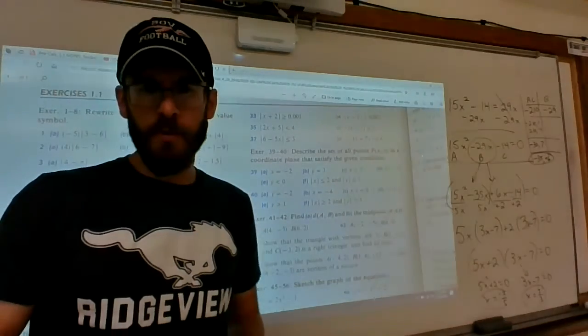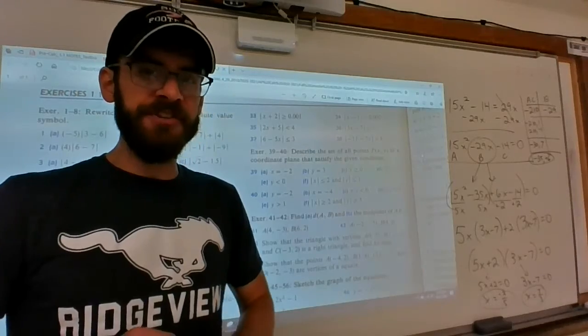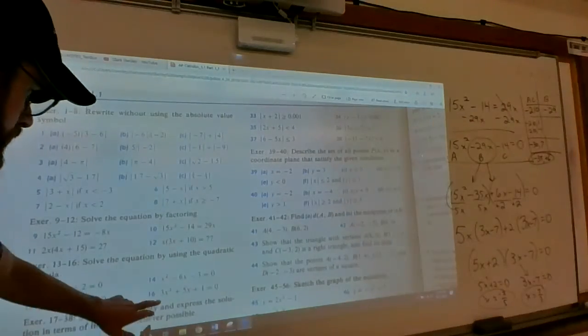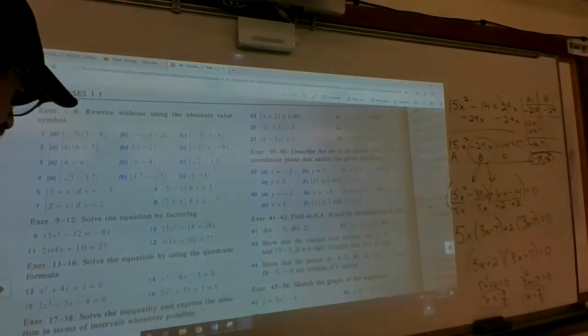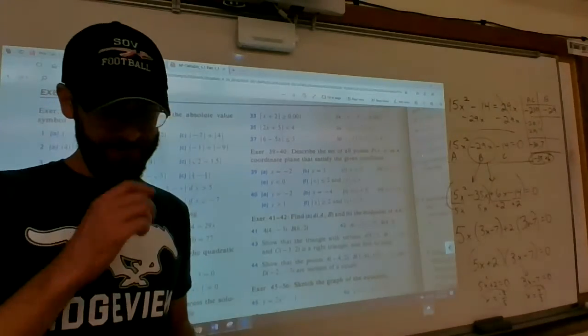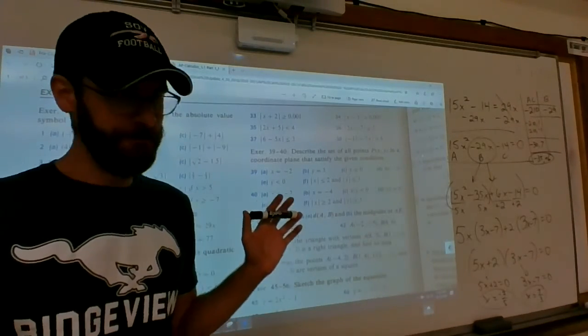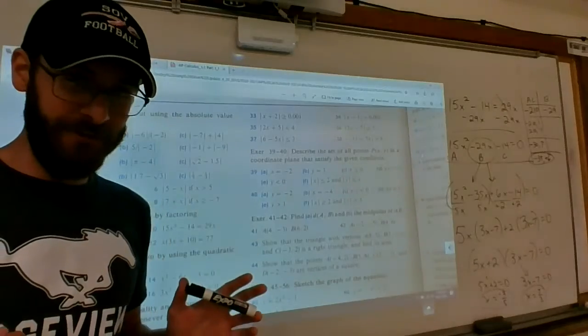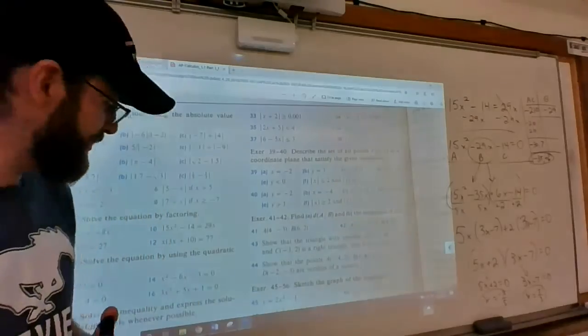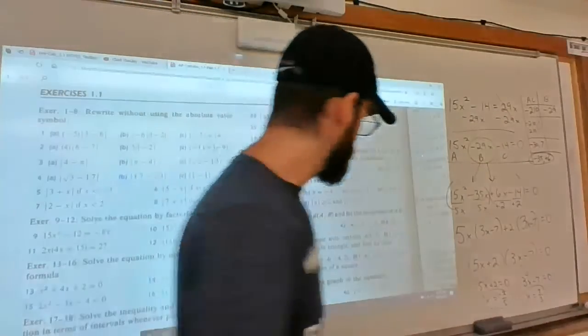All right, moving on, let's go to number 16 now. And that's at the bottom of the page here. Solve the equation by using the quadratic formula. I just want to make sure that we're on the same page of what the quadratic formula is. I think you guys can do this, but just want to be extra certain.